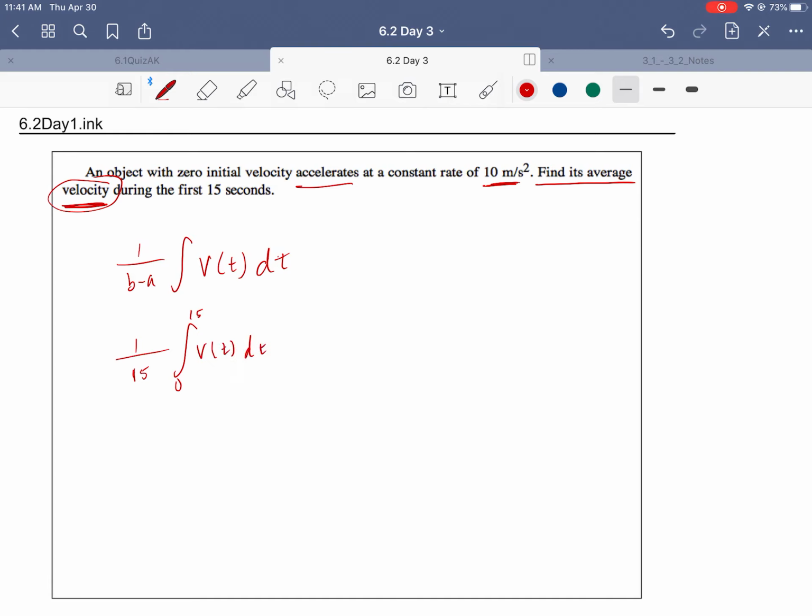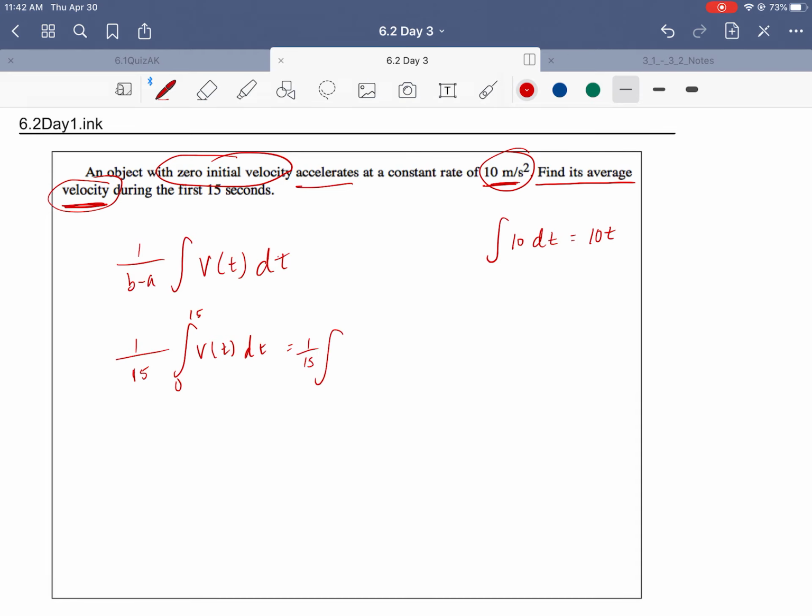So we have to do a little bit of work. If we know the acceleration, and we integrate an acceleration, we then get a velocity. So 10 integrates back to 10t. And that's why they needed to tell us that there was no initial velocity, so there's no plus c here. We don't have to worry about that. So our velocity is 10t.